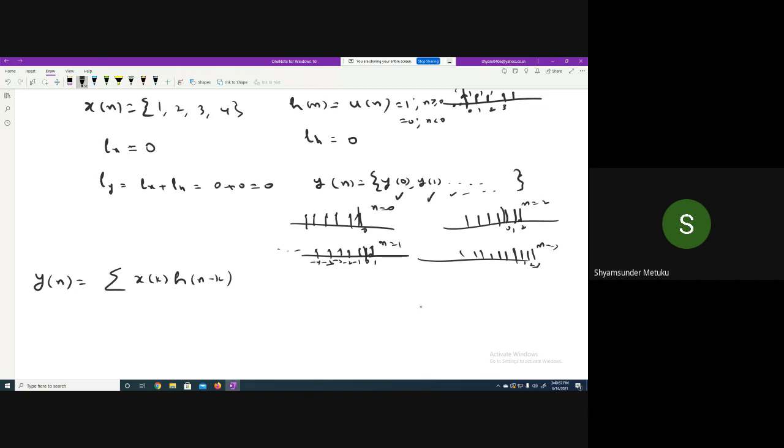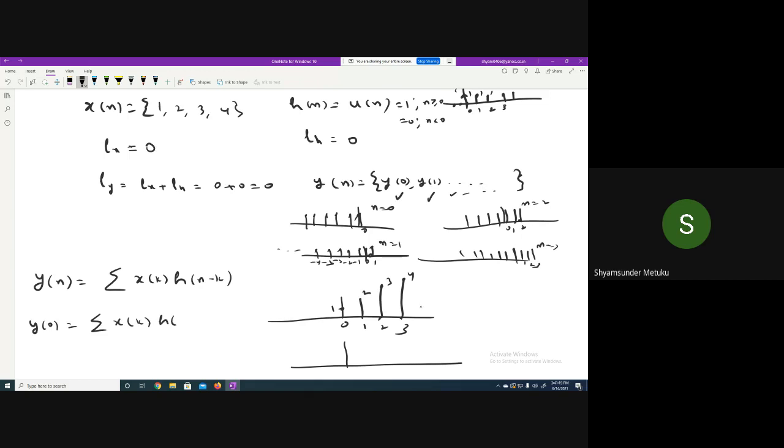Your x of k is given as 1, 2, 3, 4, no? 0, 1, 2, 3. You got 1 here, 2 here, 3 here, 4 here. So when n equal to 0, y of 0 is equal to x of k, h of minus k, no? So n equal to 0, this is the signal you are trying to multiply.